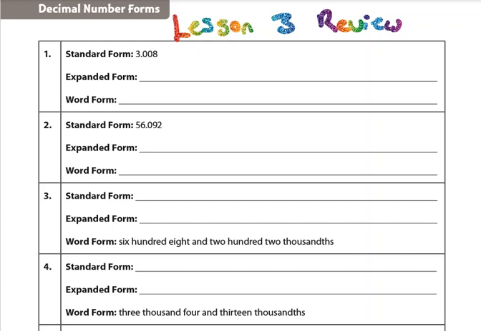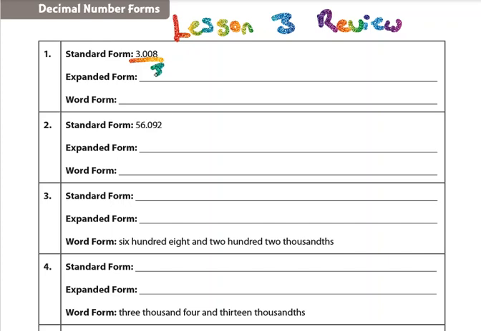Okay, so the first thing we're gonna do is look at standard form. If we look at number 1 in standard form, that means the decimal is written out like this. So we're going to read the decimal: 3 and 8 thousandths. The first thing it's kind of asking us to do is put it in expanded form. The way you do expanded form is you look at the place value.